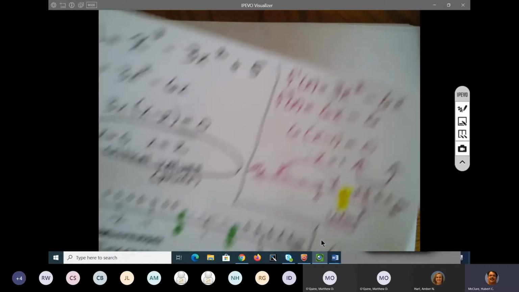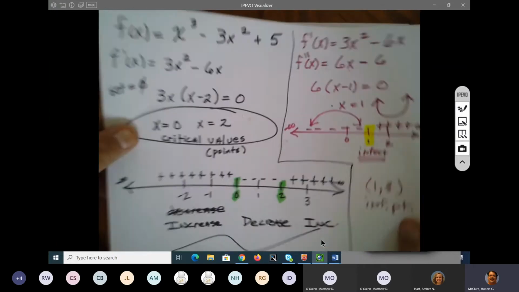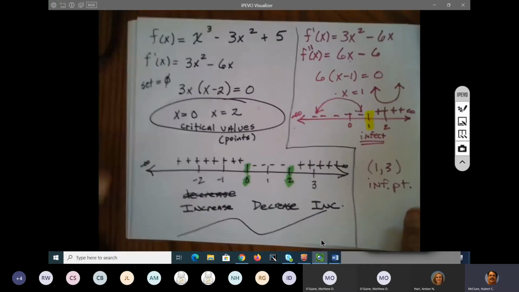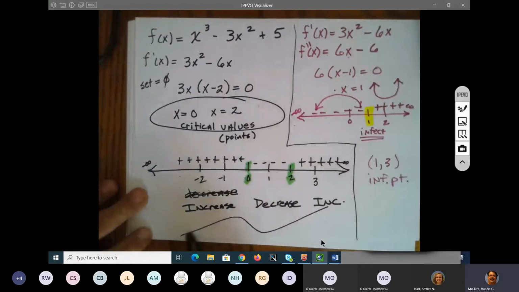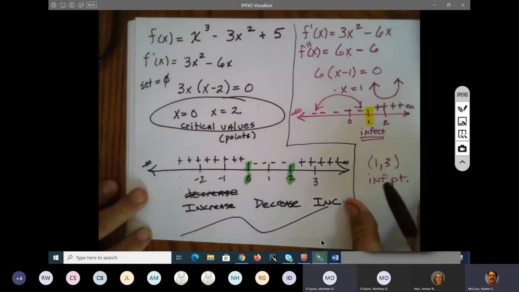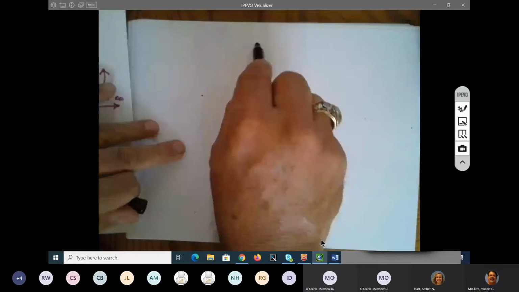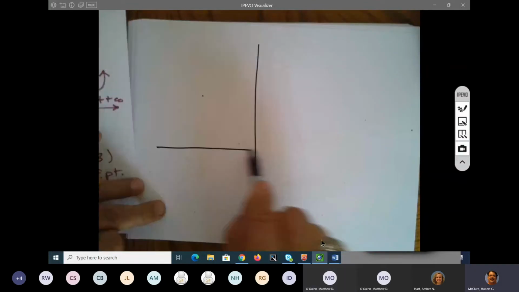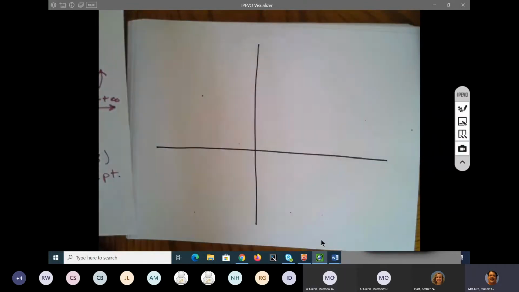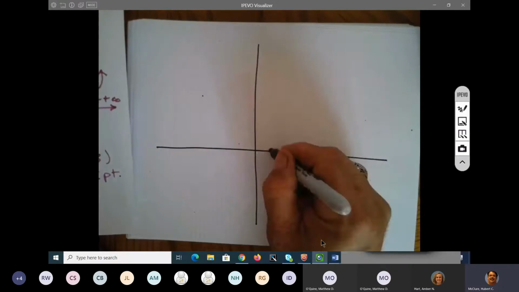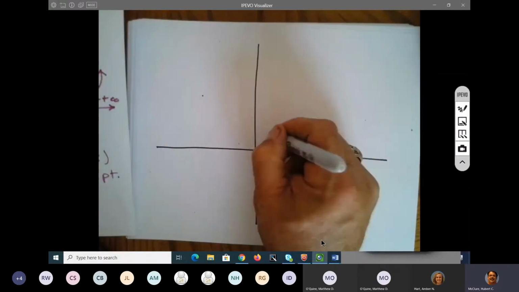Okay, if you take this information right here, I already drew some kind of an S curve here. But you have to go and sketch it. You go, okay, well, I know that my point of inflection is (1, 3). 1, 2, 3.